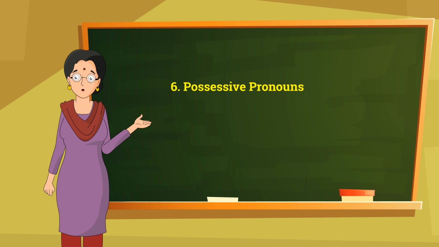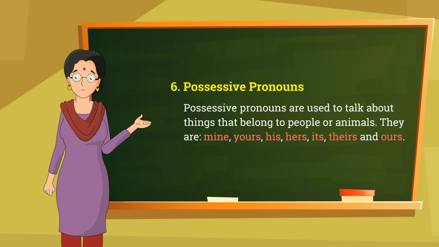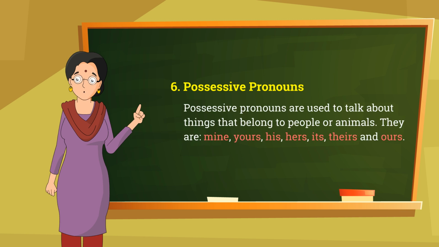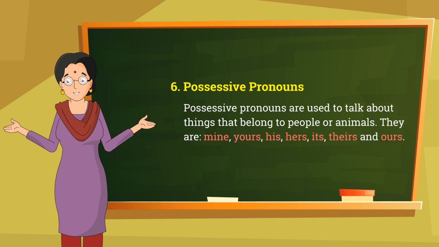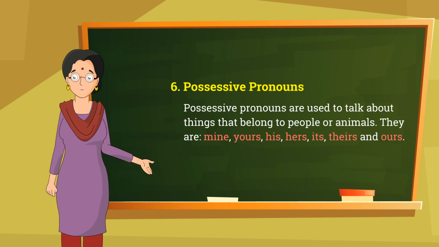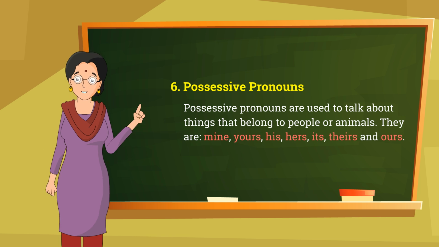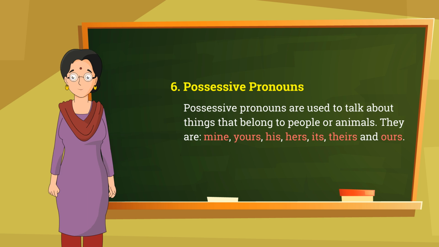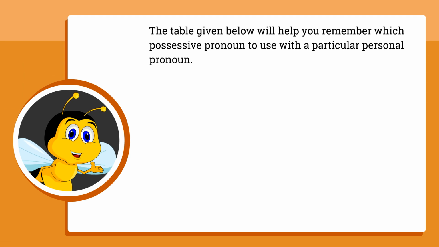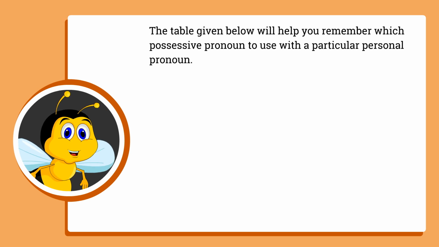Possessive pronouns. Possessive pronouns are used to talk about things that belong to people or animals. They are mine, yours, his, hers, its, theirs, and ours. The table given below will help you remember which possessive pronoun to use with a particular personal pronoun.